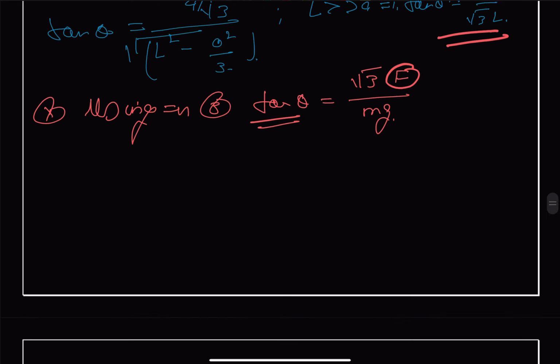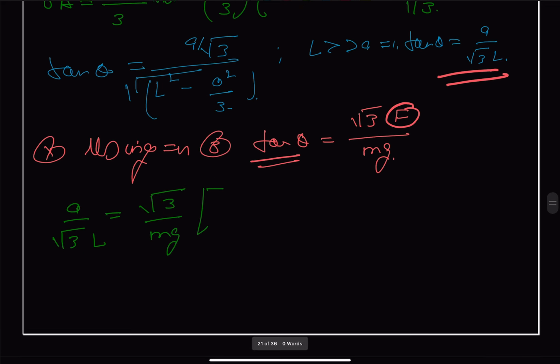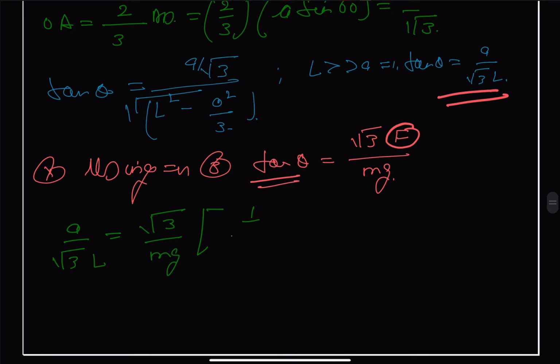Therefore, we can write this as A over square root of 3 times L is equal to square root of 3, and we have mg, and the force was equal to 1 upon 4 pi epsilon naught and q square upon a square.